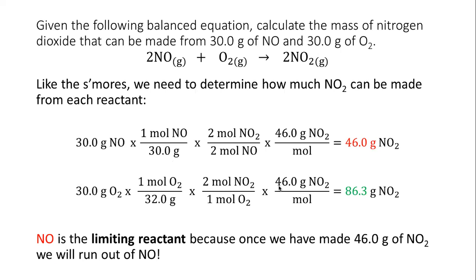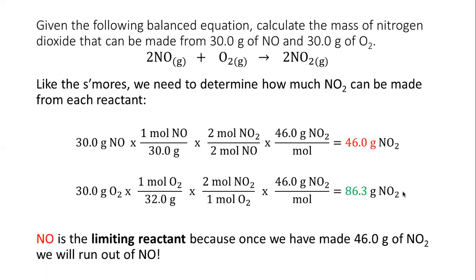And then the moles of oxygen are going to cancel out. Now we need to figure out how many grams of nitrogen dioxide we can make from 2 moles of nitrogen dioxide. So we're going to use the molar mass here again, 46.0 grams per 1 mole. If we multiply across the top and divide by the bottom, we get 86.3 grams of nitrogen dioxide.